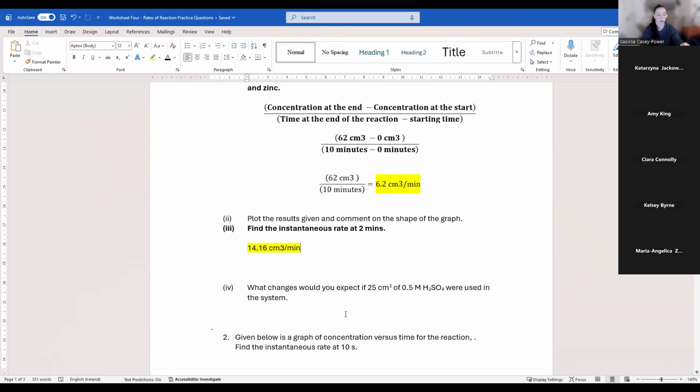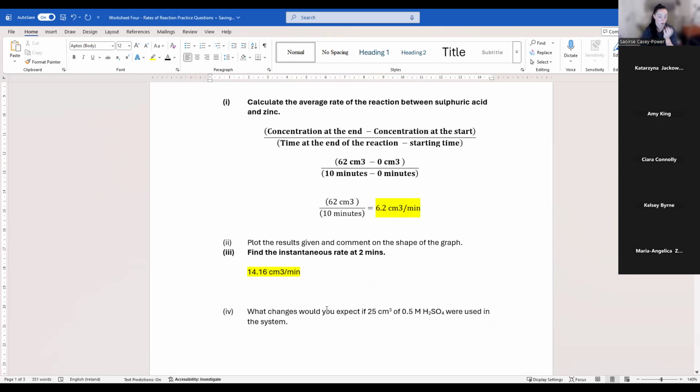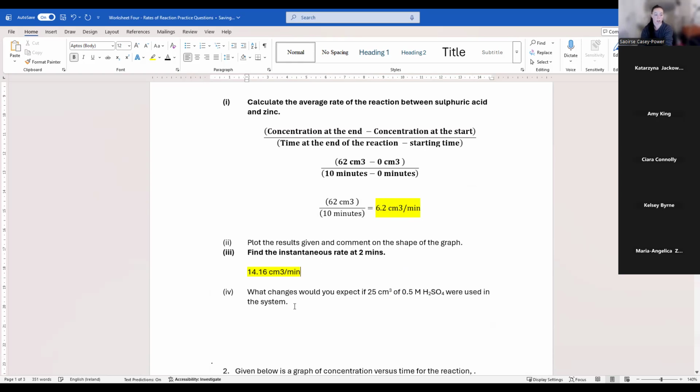So your last question would tie in something like this. That's what I was mentioning a while ago, that you would typically calculate the average rate, plot the data that you're given, find the instantaneous rate based on that tangent, and then they would throw in something like this. It says, what changes would you expect if 25 centimeters cubed of 0.5 molar H2SO4 were used in the system?